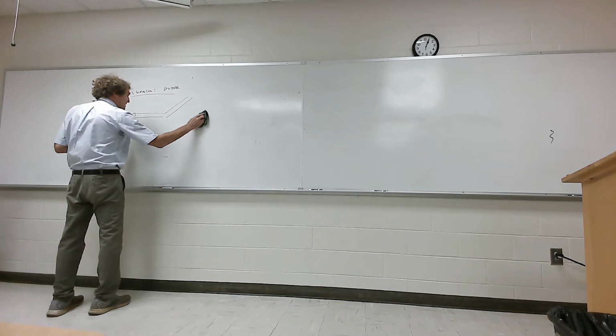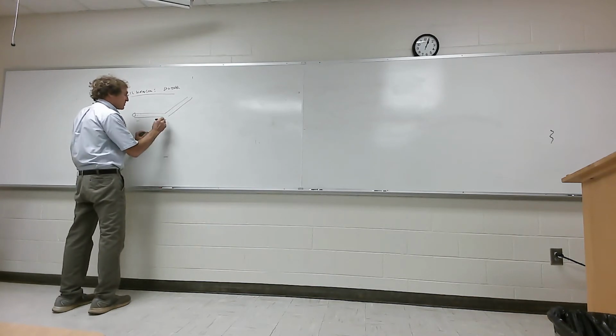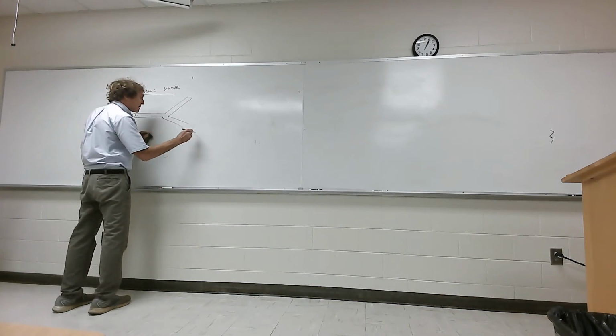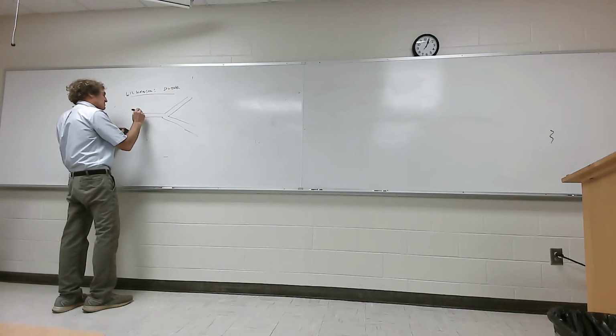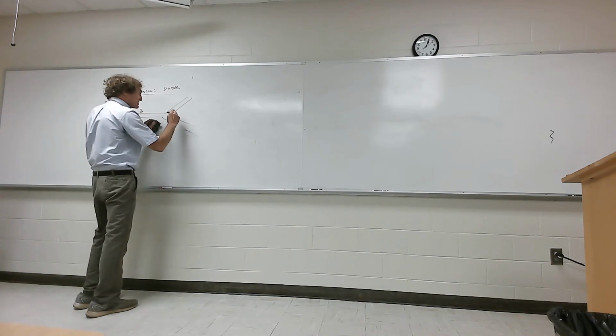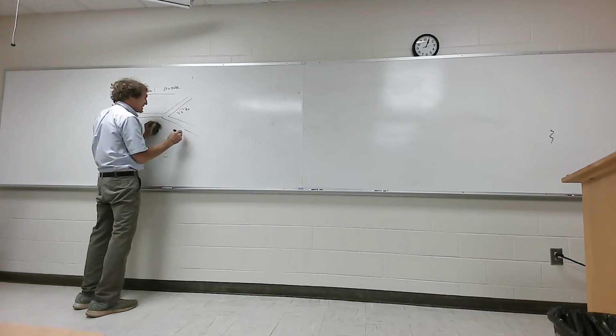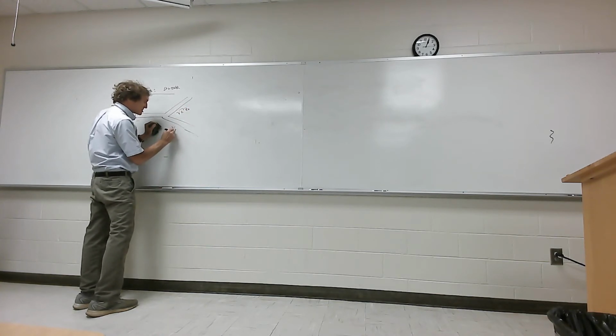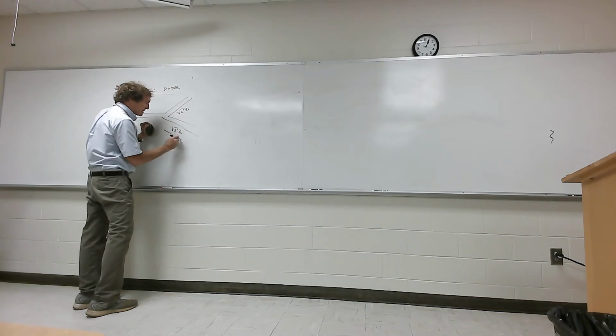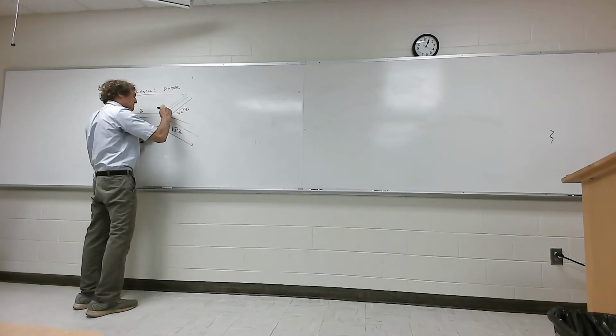I'm just going to show one of these. So, this is going to have a characteristic impedance of Z0. This is going to have a characteristic impedance of square root of 2 times Z0. This is going to have a characteristic impedance of square root of 2 Z0. And the length of these things right here is going to be a quarter wavelength.